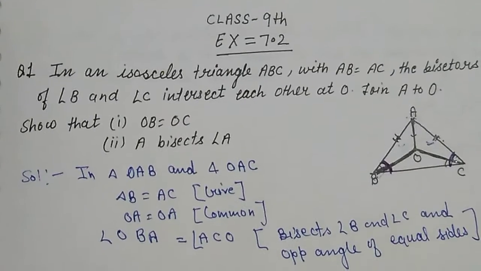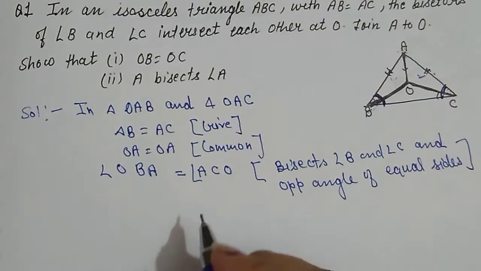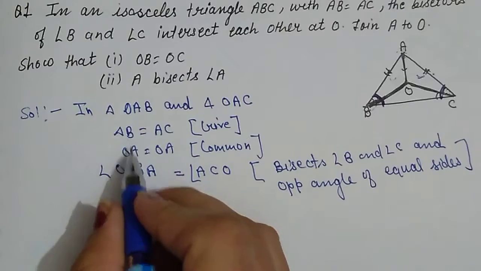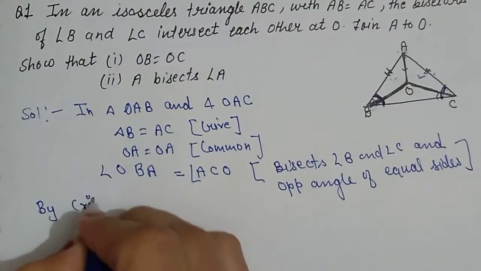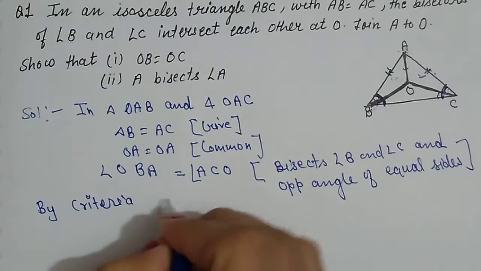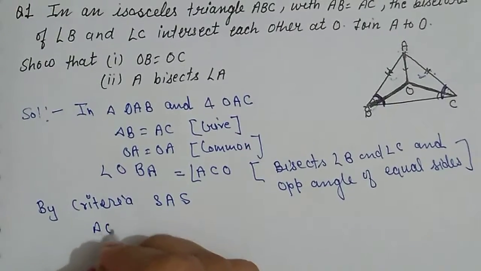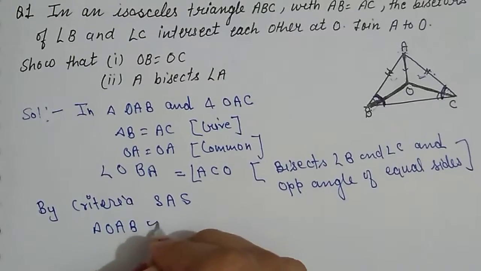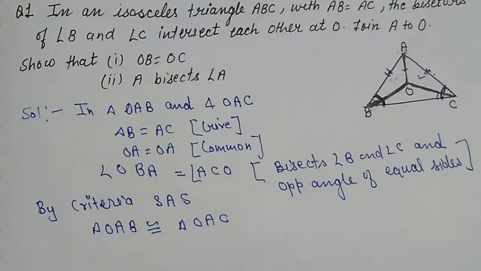Am I right? Then by the side angle side criterion, triangle OAB is congruent to triangle OAC, right?